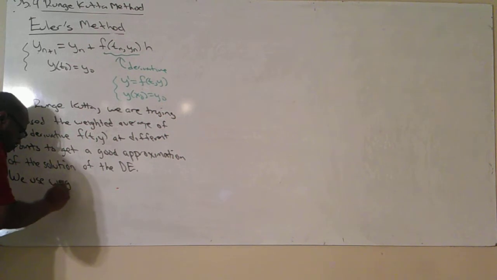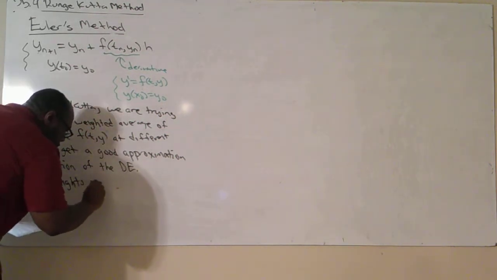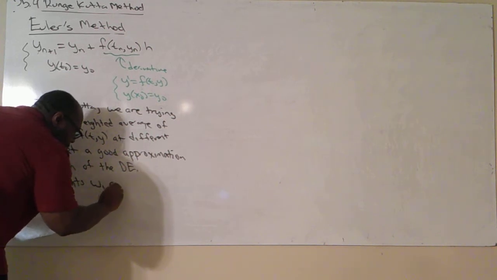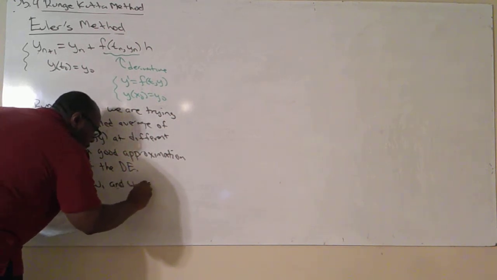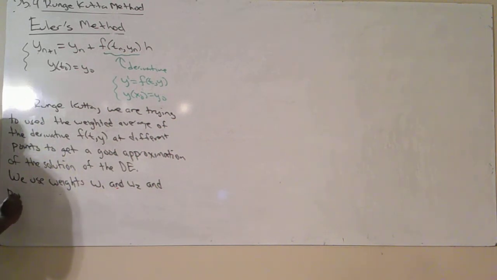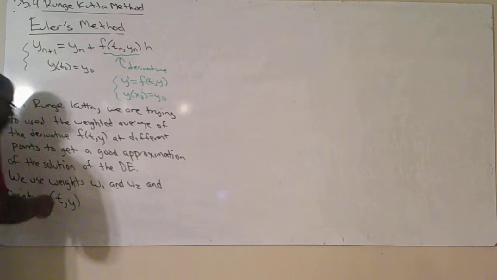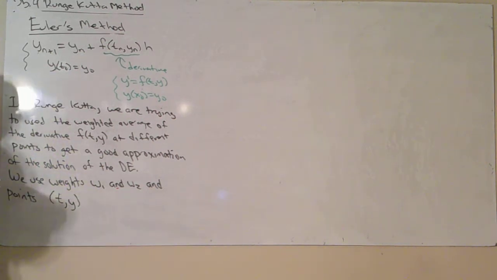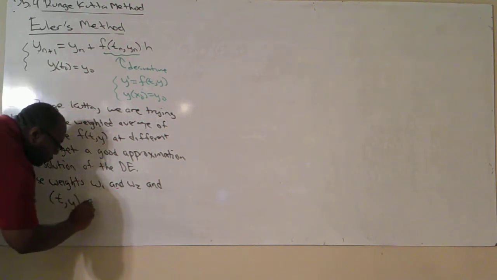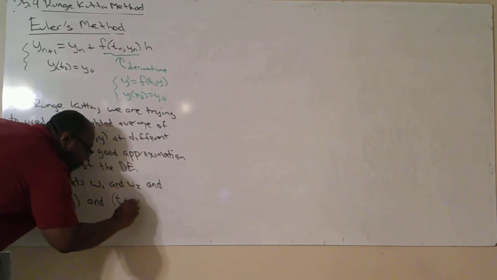So we use weights, W1 and W2, and points. t, y, or t sub n, y sub n, we'll just say t, y and forget about the subscripts for right now, and t plus alpha h.